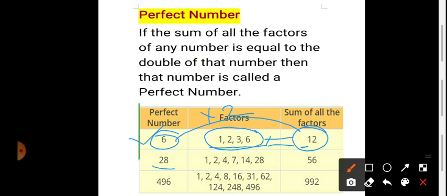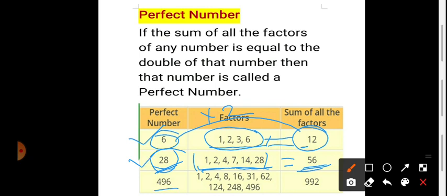Similarly 28. If we write down the factors of 28: 1, 2, 4, 7, 14 and 28. If we add all these numbers, it would result 56. And we can easily see that 56 is the double of 28. So 28 is also a perfect number.